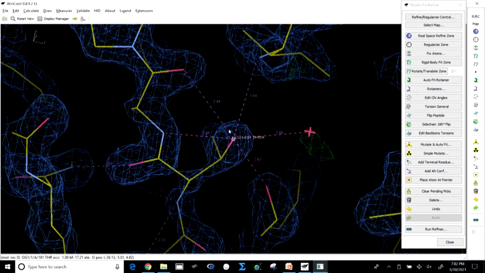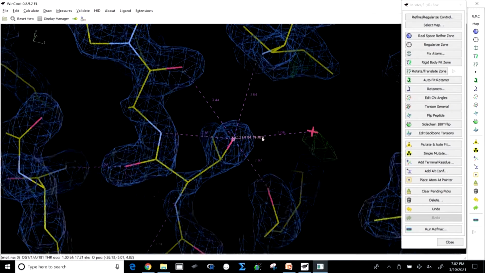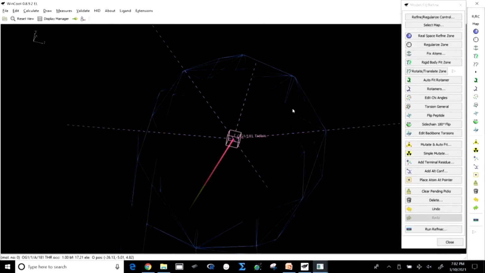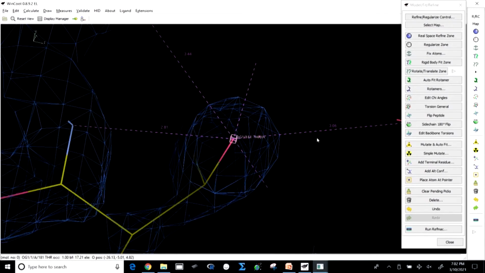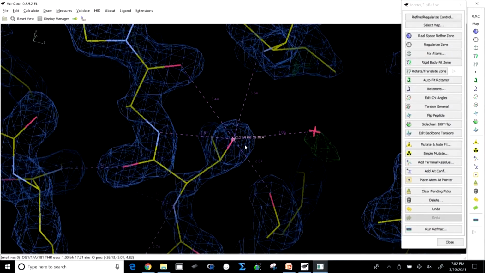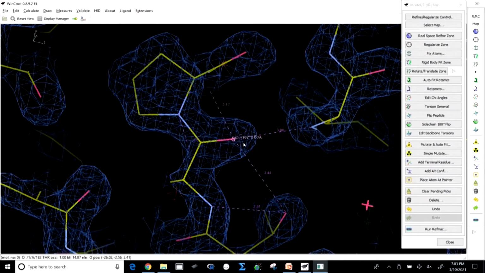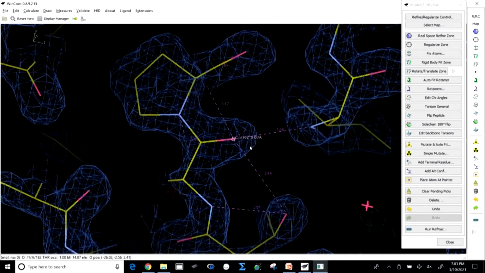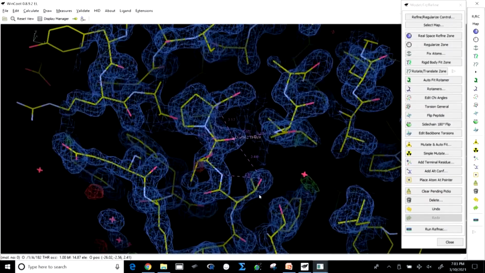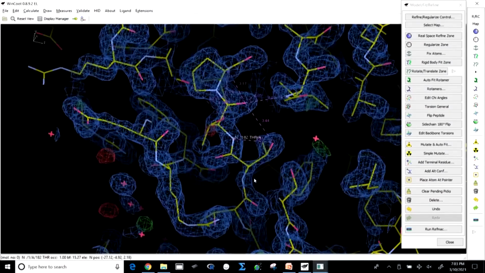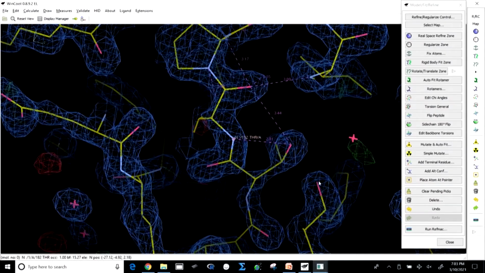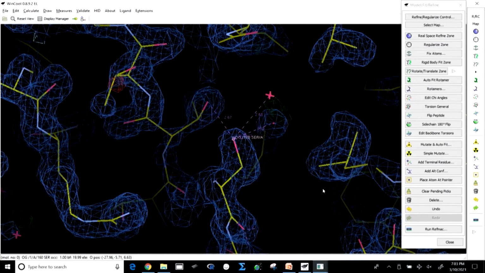So, the oxygen of the threonine 181, you could read that, and it has a 3 angstrom interaction with a water molecule, a 3.4 angstrom interaction with the next threonine and with the backbone nitrogen of the threonine. So, all of this you could understand in that way.